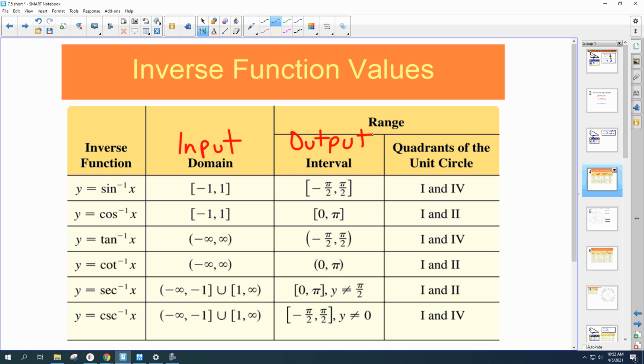Output is usually what your answer is going to be, or your angle. Notice this is in radians, which is okay, but we've got all this different stuff, and this is kind of what we need to focus on. That's what your answers could possibly be. And I want you thinking about, can I even have a negative answer?